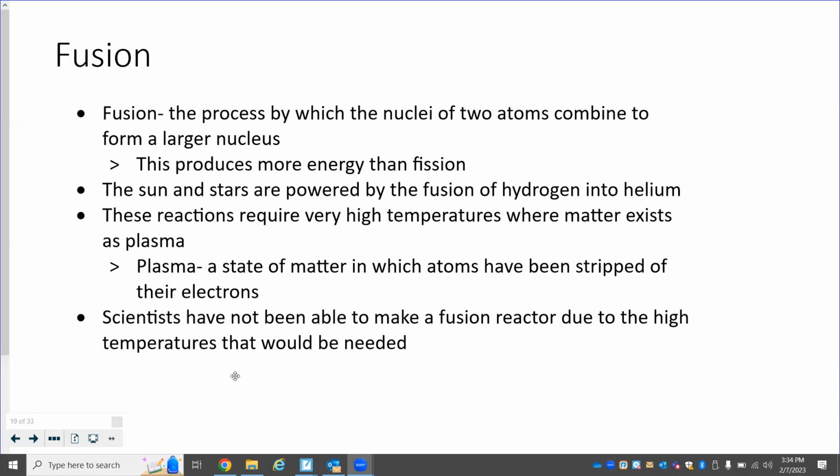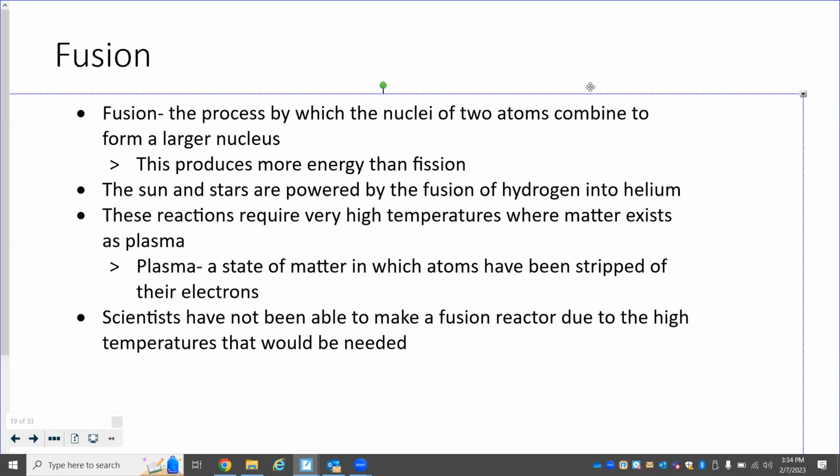So scientists have not been able to make a fusion reactor due to the high temperatures that would be needed. I believe they've made one that was able to last for a couple of seconds, but not long enough for it to be sustainable to produce our energy. So we still stick with fission in terms of producing a lot of our energy.